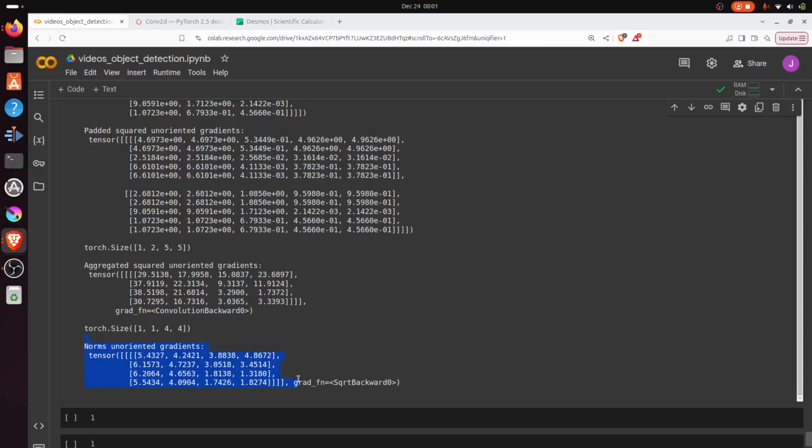Well, what we want to do now is, first of all, place all our gradients, both unoriented and oriented, together. And why do we want to do that? Because we want to gather all the information that we have in one place, so that we can utilize it later in the algorithm.